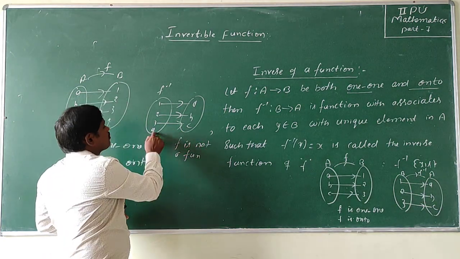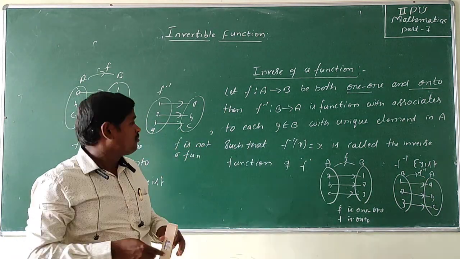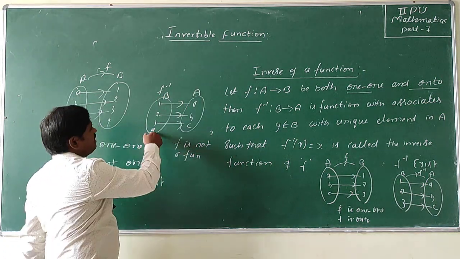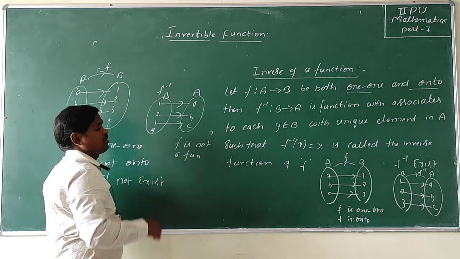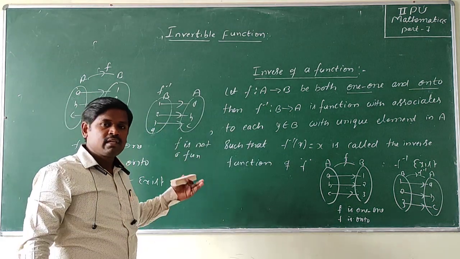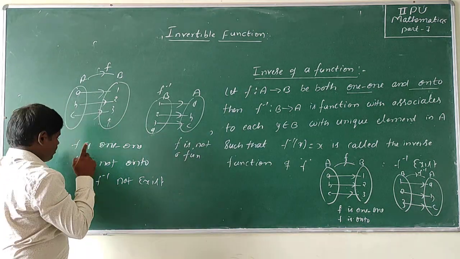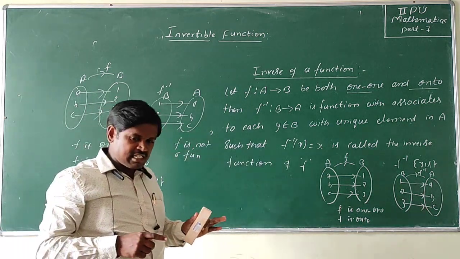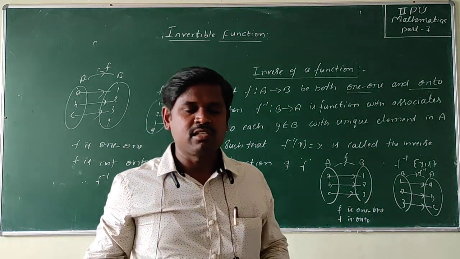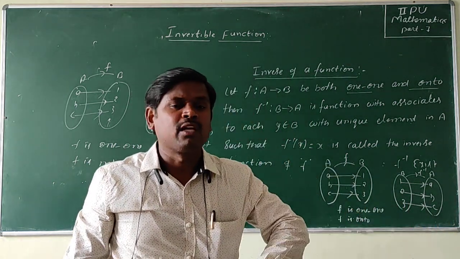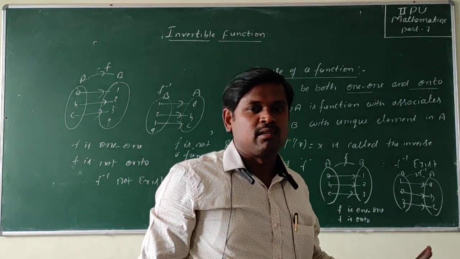But here 4 is an element of B, taken as the domain now, and it is not related with any element of A. Therefore it is not a function. So the inverse of the function exists if and only if the given function is both 1-1 and onto. Otherwise, it is not possible.